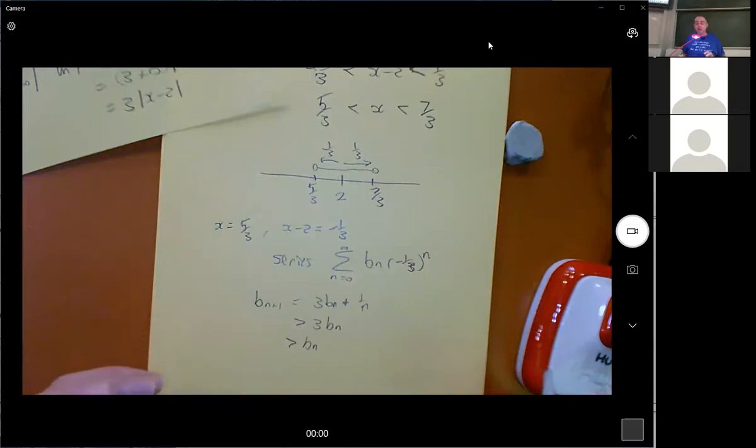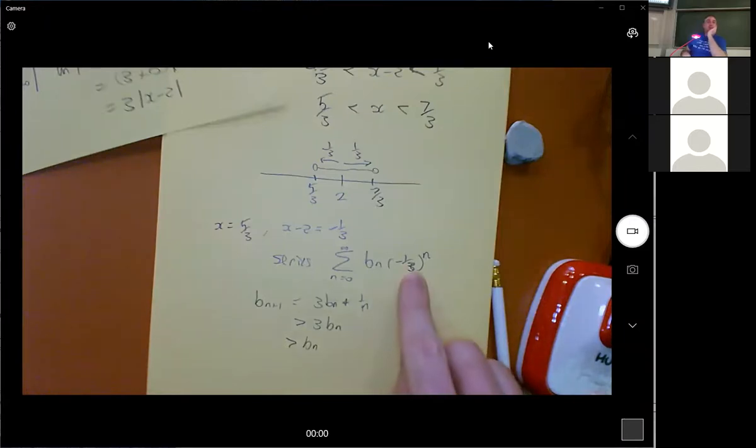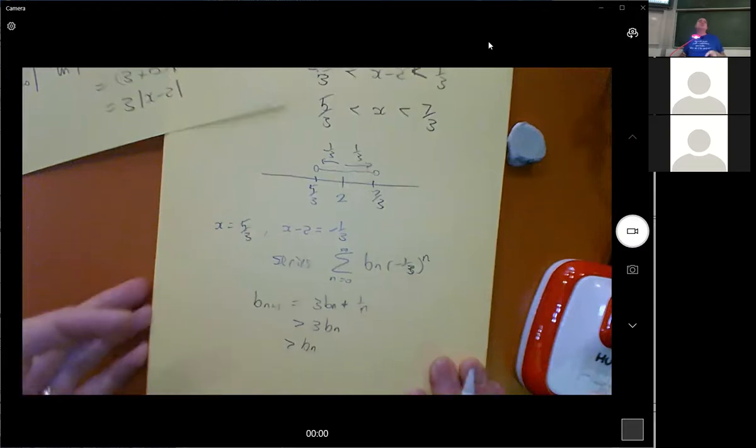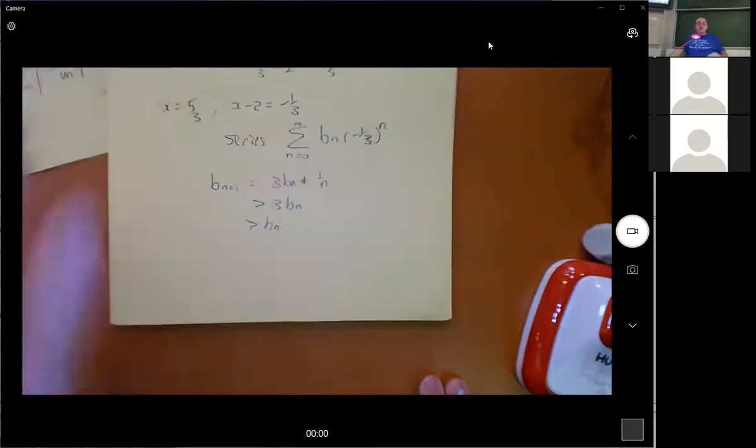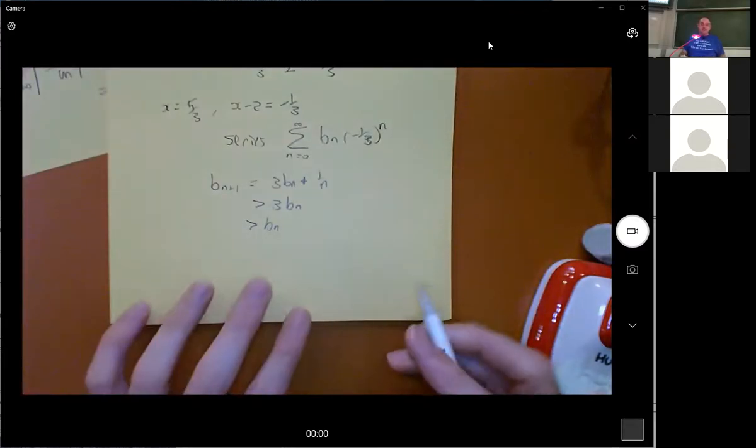Oh no, crap, because we're actually dividing by 3 though, aren't we? Because of the third there, it's not just the Bn.